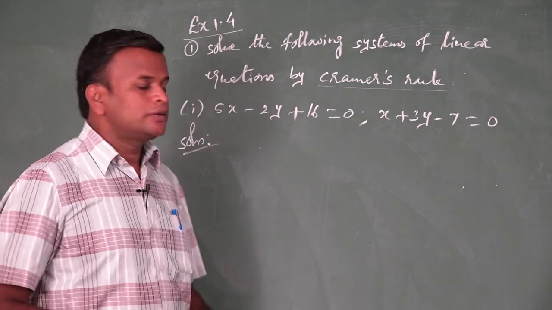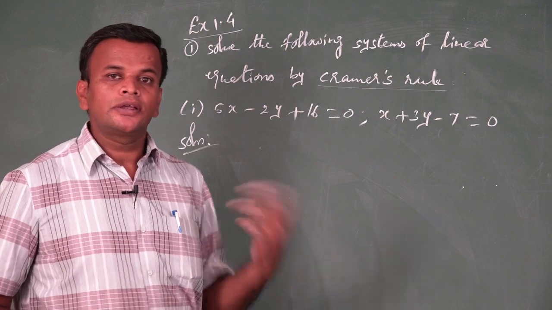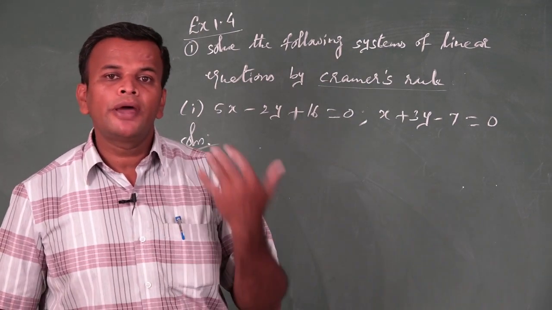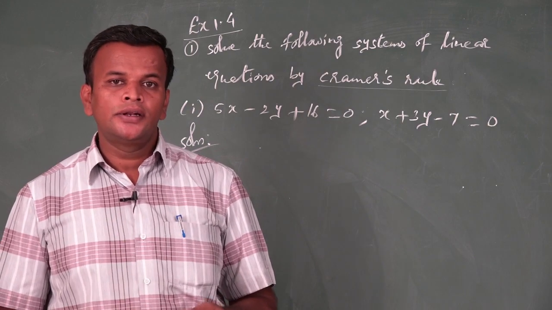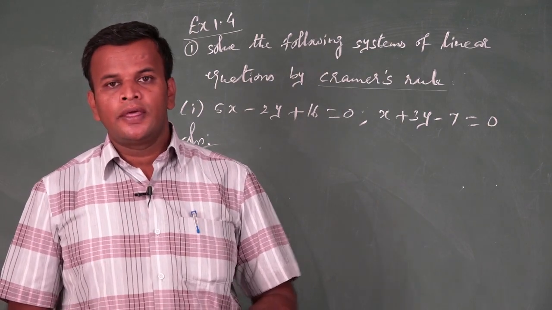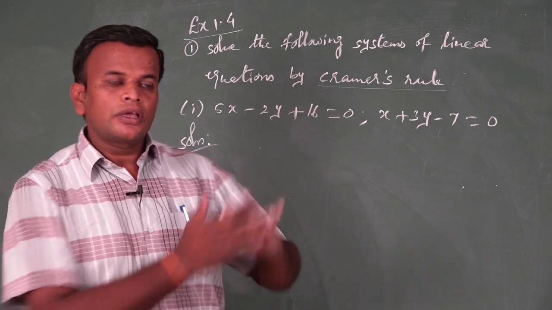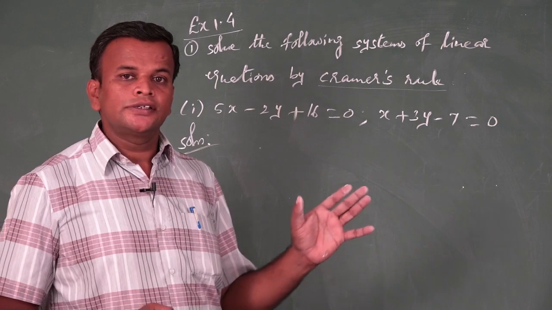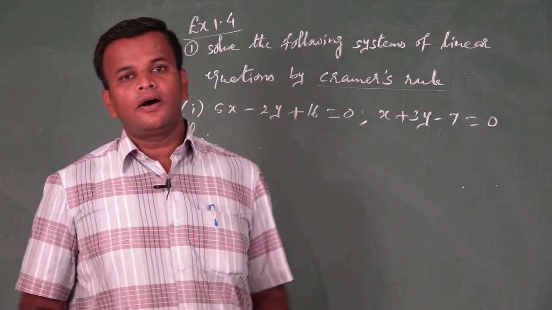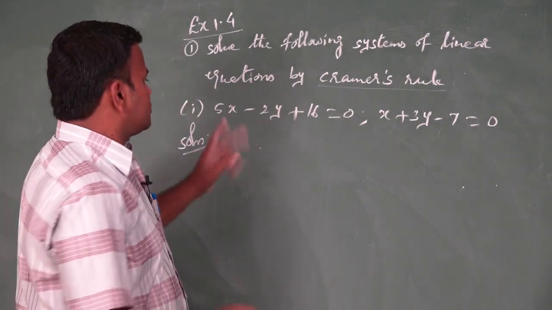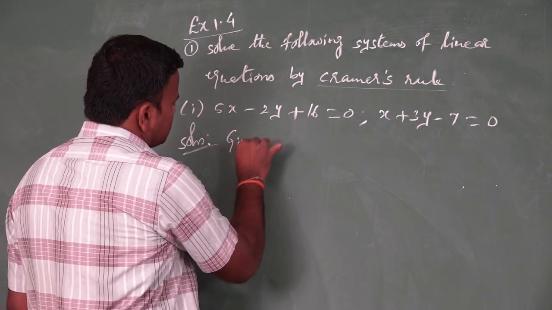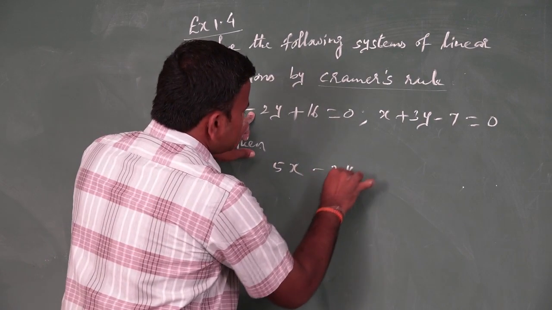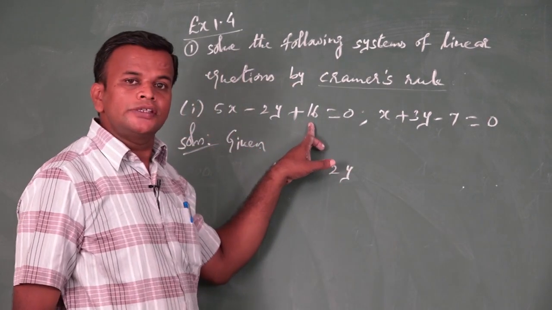You remember the formula? The formula to calculate x in Cramer's rule is del x by del, and the formula of y is del y by del. So to find del x and del y, the first important step: in the given equations, we keep the coefficients of x and y only in LHS and the constants in RHS. So I modify the given equations: 5x minus 2y, where the constant also lies in LHS.